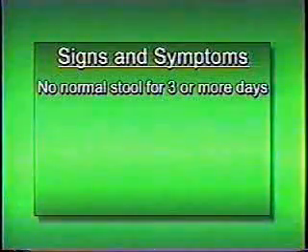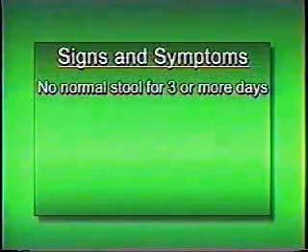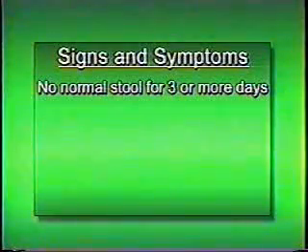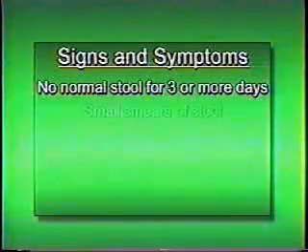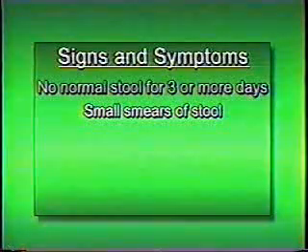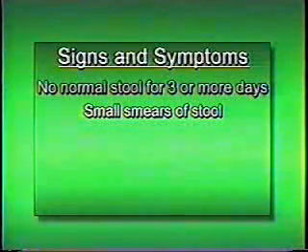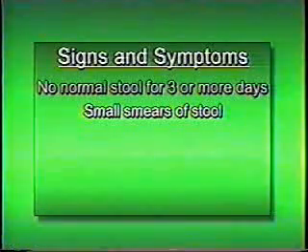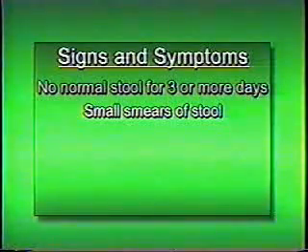There are some other signs and symptoms of this problem that you need to be aware of. First of all, anybody who has an absence of a normal stool for 3 or more days, you might suspect might have a fecal impaction. Another sign might be a person who has just small smears of stool on a toilet tissue, for example, and not a normal bowel movement.